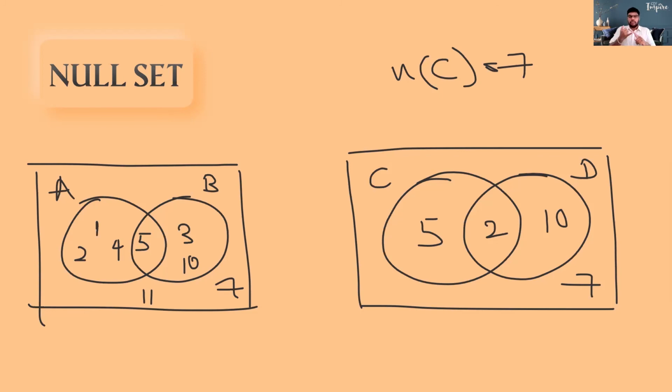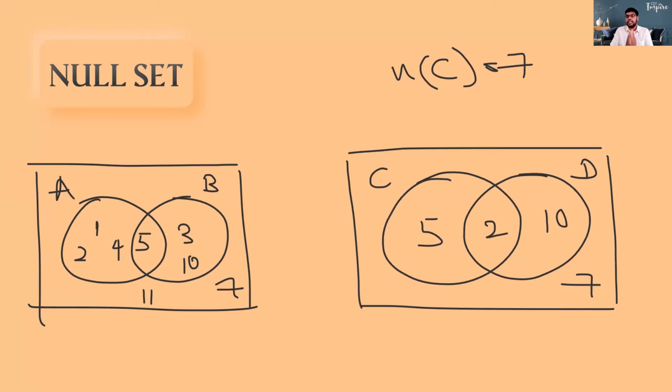I'll repeat it. One type of Venn diagram you will get is where you are shown the different elements that are in that set. That is the first type, with A and B. The second type of Venn diagram they will give you won't show you the individual elements that are in set C or in set D. Instead, they will tell you there are 5 elements in C only. There are 7 elements in C in total.